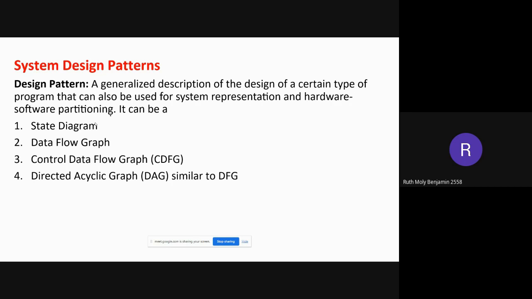So all these things we learned in your first and second modules, so I'm not going to repeat teaching those first three design patterns. Today we're going to learn about the fourth design pattern, which is called the directed acyclic graph, also called DAG.